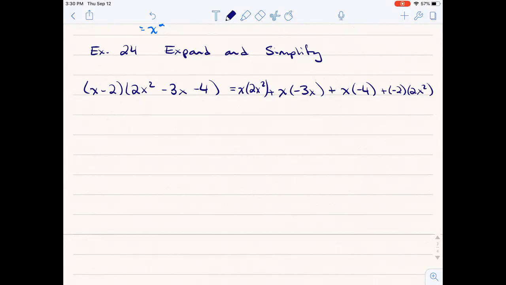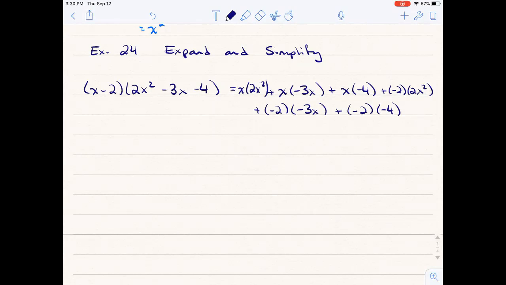Just make sure we end up at the same answer, and then how you got there. There's lots of different ways. What am I doing next? So negative 2 times 2x squared, I did that, and then plus negative 2 times negative 3x plus negative 2 times negative 4. Phew.